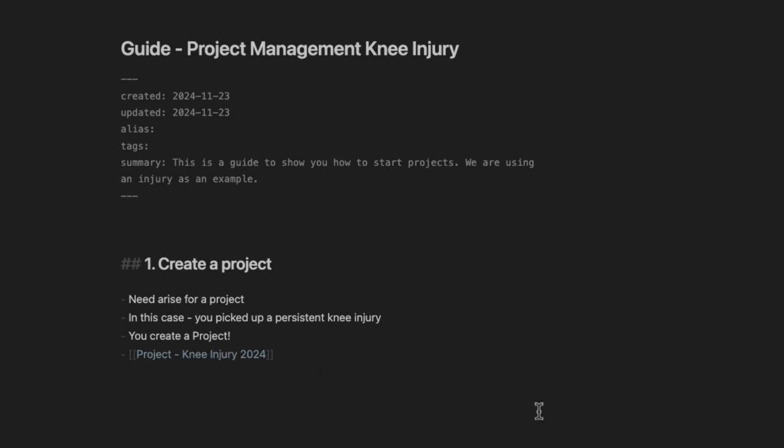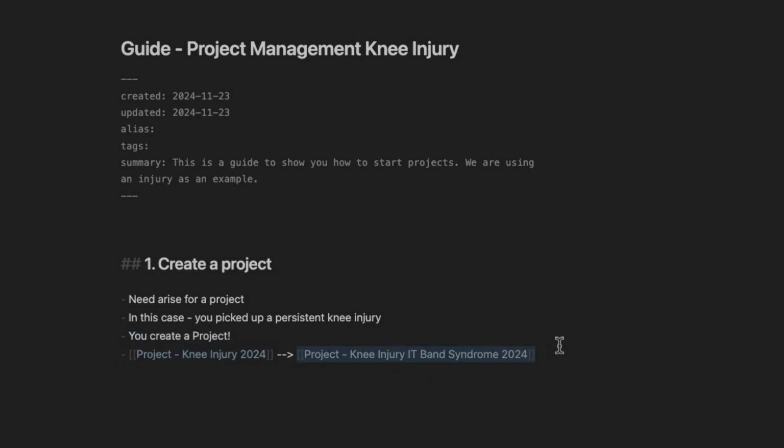And this name might change. This name will change. So later on, I might find out that it's an ITB band syndrome injury, which it is. So it could later be renamed Knee Injury, IT Band Syndrome 2024. So later on, when you find more information, you might make it more descriptive.